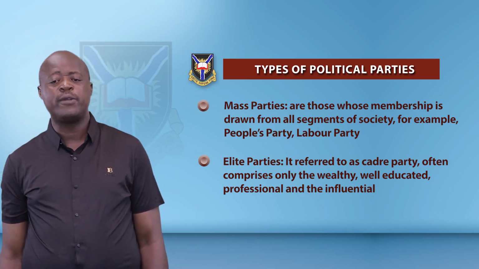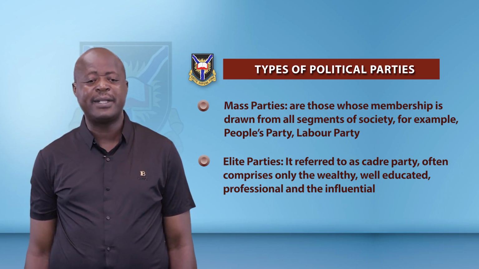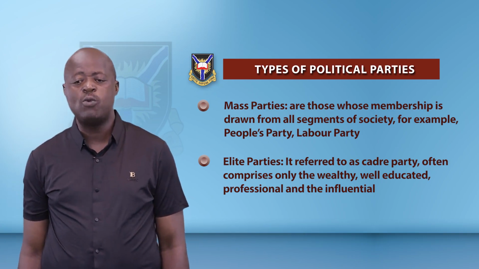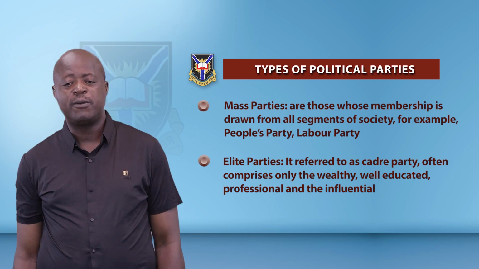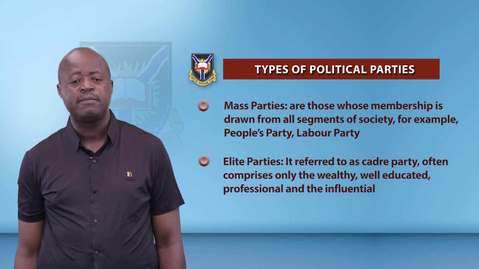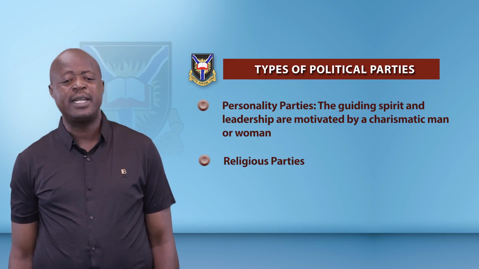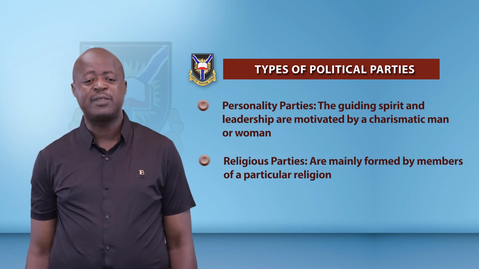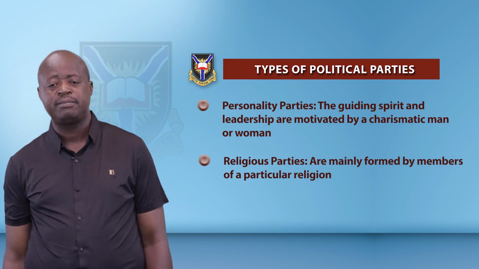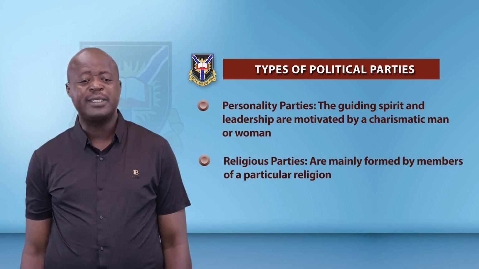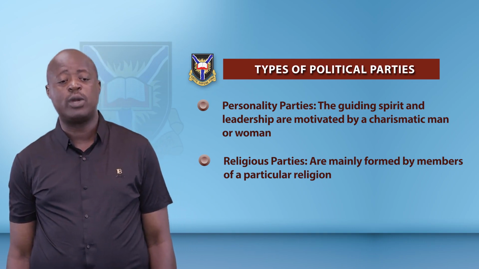An elite party is also referred to as cadre party, often comprises only the wealthy, well-educated, professional, and the influential. A party is described as personality party if the guiding spirit and leadership are motivated by a charismatic man or woman. Religious parties are mainly formed by members of a particular religion.